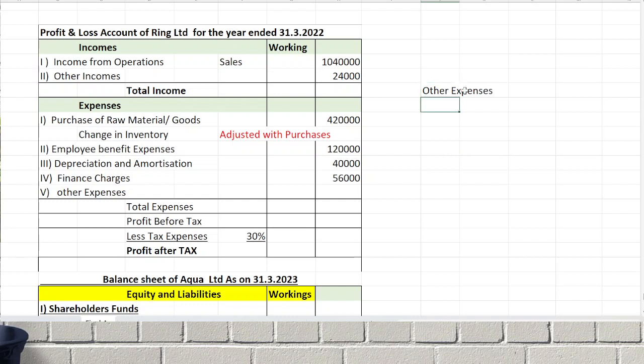Other expenses. Tell me one by one. Then, this is given in the trial balance. Then sundry expenses. Then the provision for bad debts.